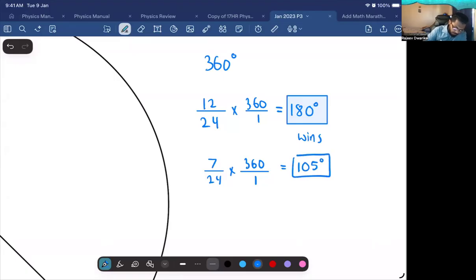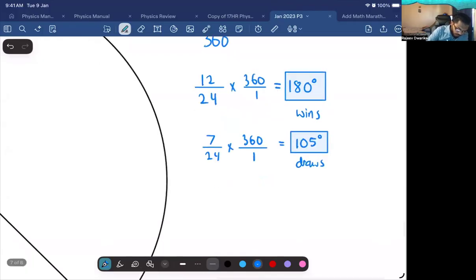And this would be draws. And the last one is just 5 out of 24. And what would that be? If you want, you can just add up 180 and 105 and take it away from 360. Right? What did you get? 75. Okay.